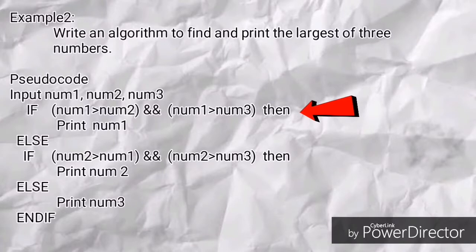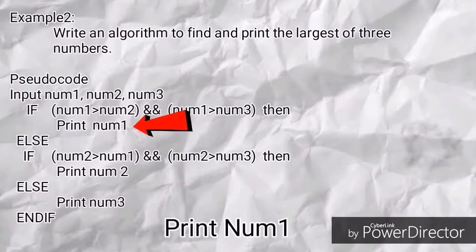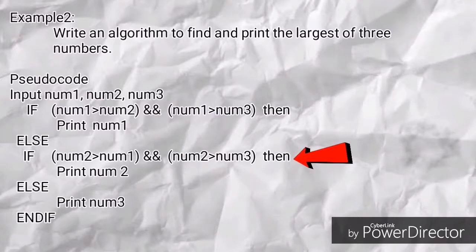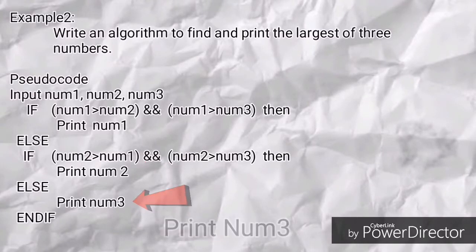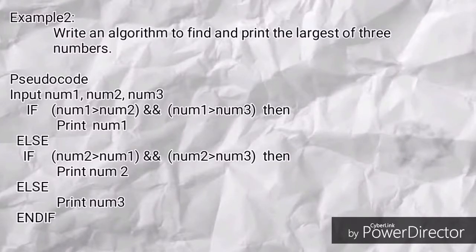If num1 is greater than num2 and num1 is greater than num3, then print num1. Else if num2 is greater than num1 and num2 is greater than num3, then print num2. Else print num3. And that's the easy way to find and print the largest of three numbers.